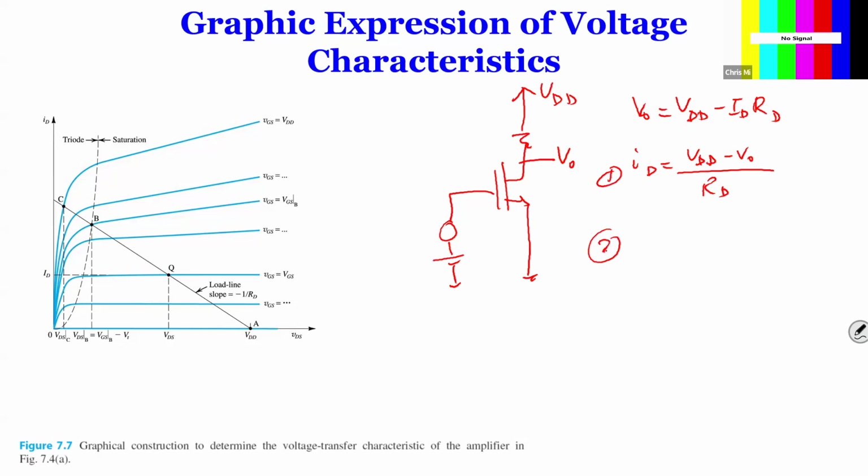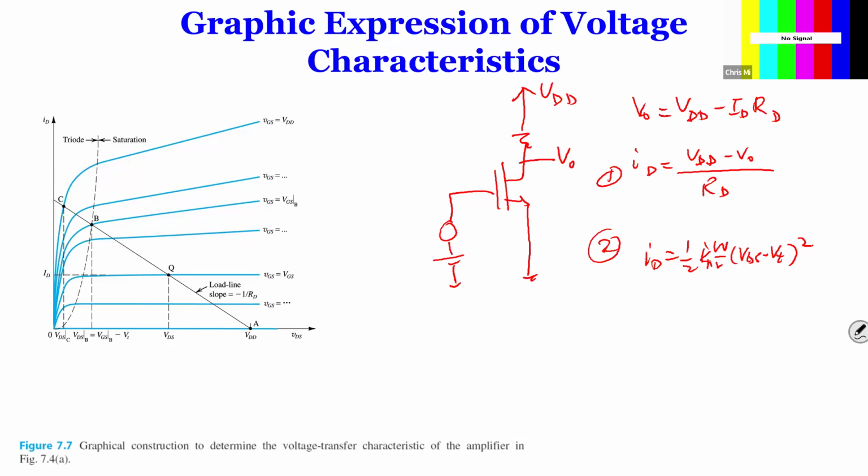But another equation to write is ID equal to 1/2 K prime... So you can write these two equations. The top equation is VDD minus VO over RD, and the second equation is ID over this. You see, this ID is related to VGS, which is the input, but that ID is related to VO, your output.